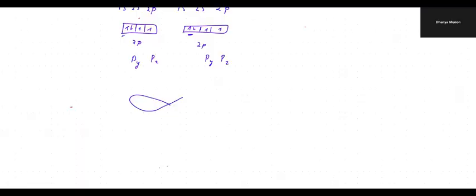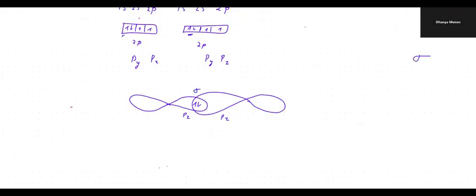The two pz orbitals of the two oxygen atoms overlap head-on to give you a sigma bond. That's why I said first the sigma bond is formed. Then after that, the py orbitals overlap sidewise.